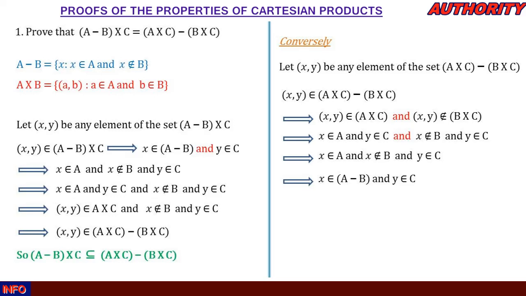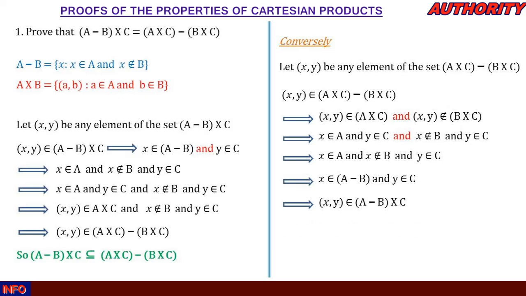We can apply Cartesian product here, where X comes from the first set A difference B and Y comes from the second set C. So we say that X comma Y exists in A difference B cross C. Yes, we draw the second conclusion.